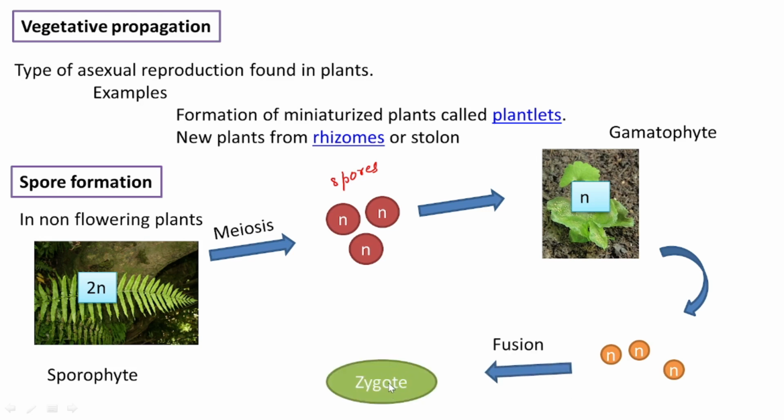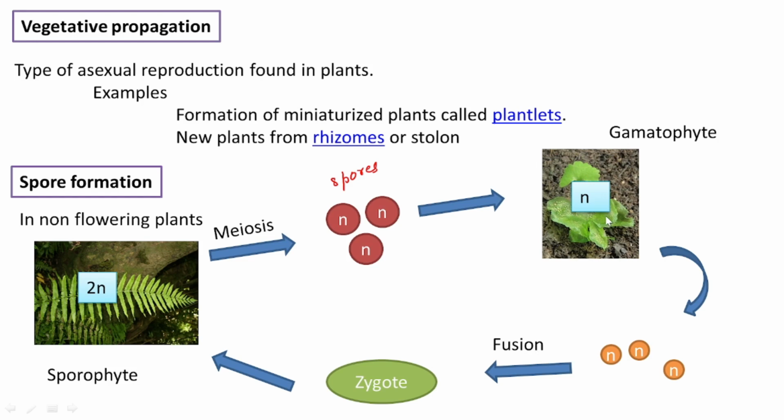Later this zygote again develops into a diploid sporophyte. This is the cyclic process of spore formation, and here we can see that meiosis happens at the sporophytic stage, and fusion happens after that, at the gametophytic stage.